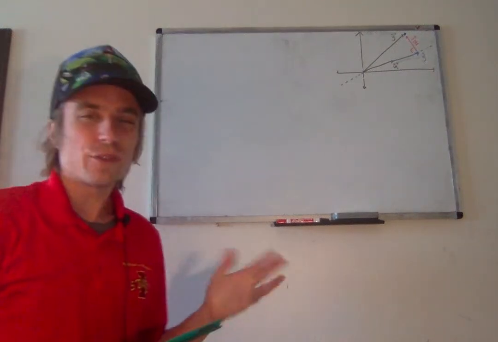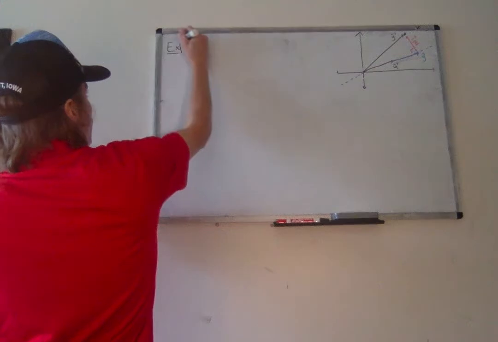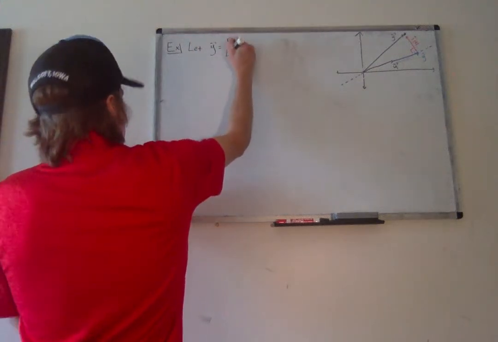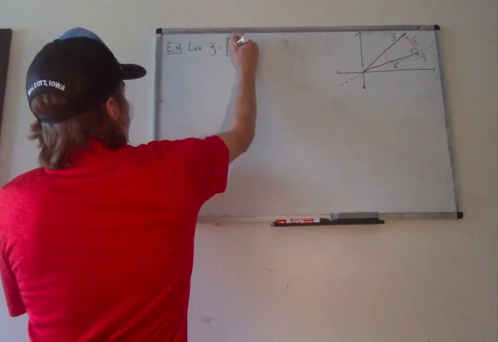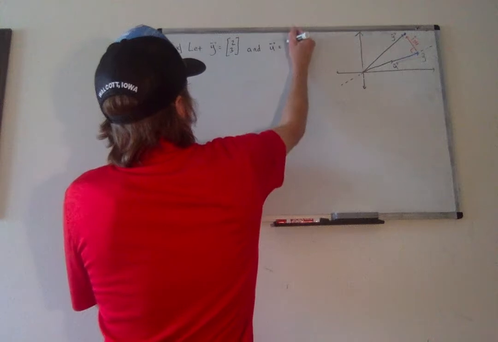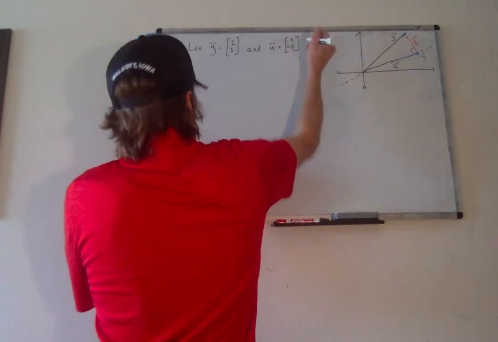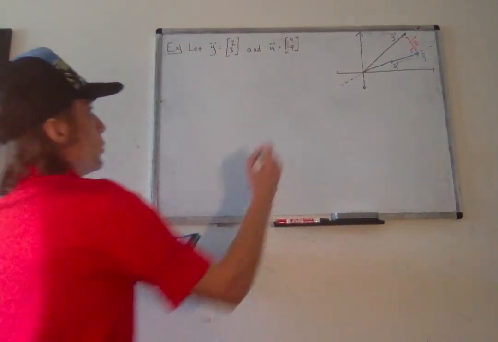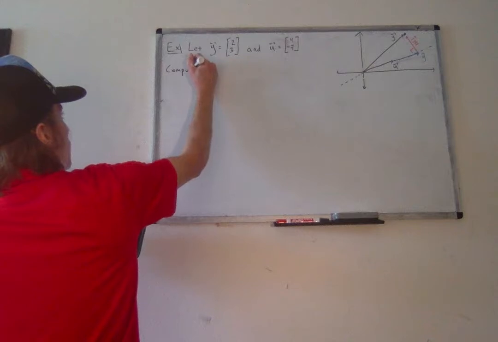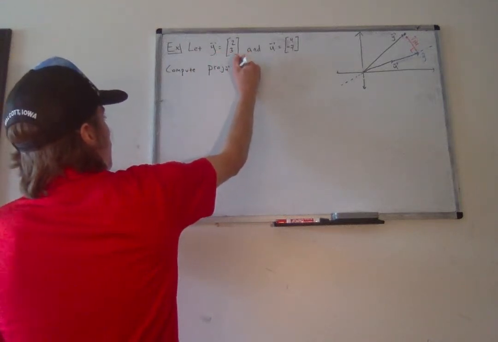So we've got a few things we want to do with this example. We're going to let y equal the vector (2, 3), and u equal the vector (4, -7). So we want to compute the projection of y onto u.